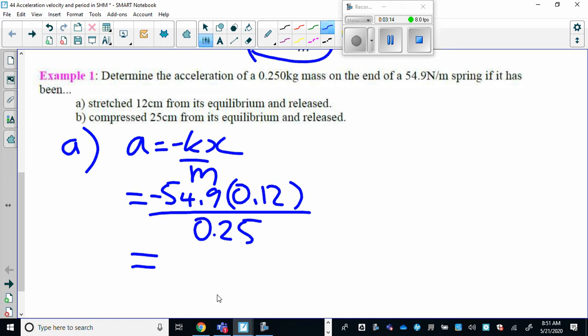And there it is. Don't forget to convert your centimeters to meters. Plug those numbers in, and you get negative 26 meters per second squared. Okay, and for B, it's exactly the same thing. So for now, we're going to use 0.25 for the displacement, and we're going to make it negative, so you get a positive answer. So one will be positive, one will be negative, because they're obviously accelerating in opposite directions.